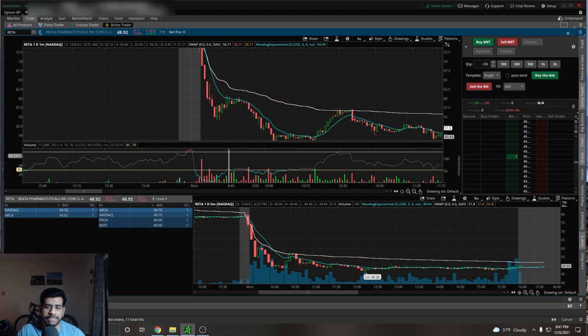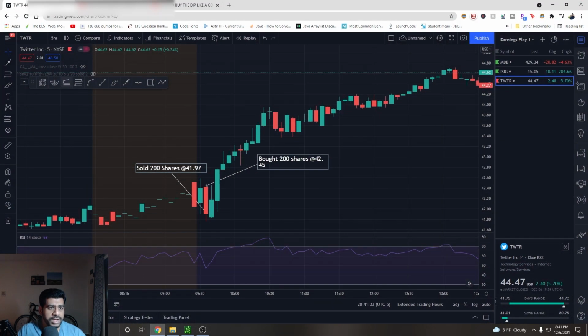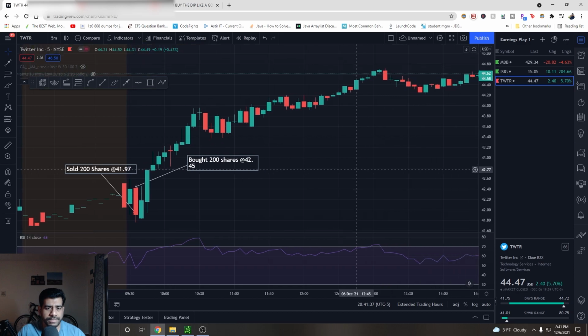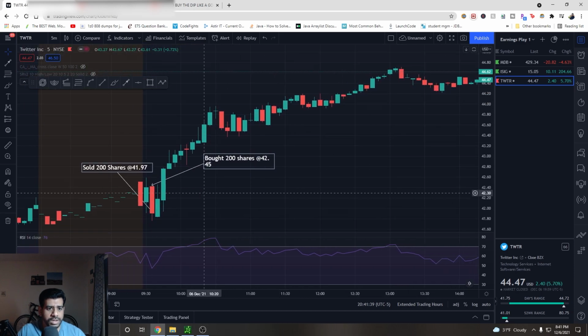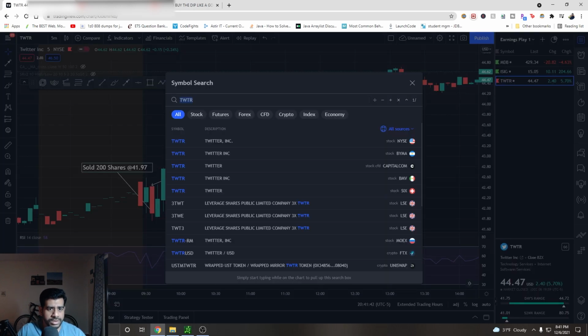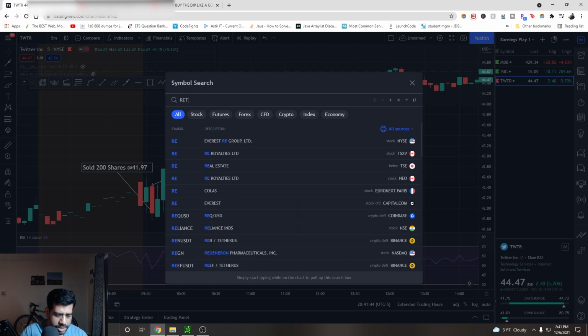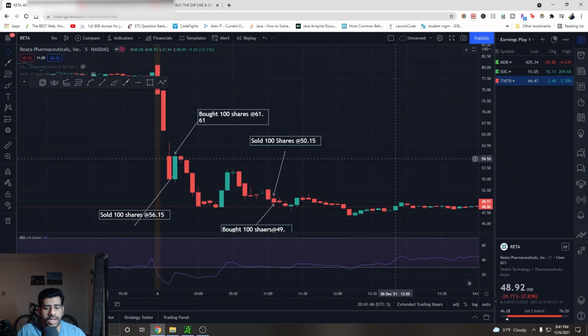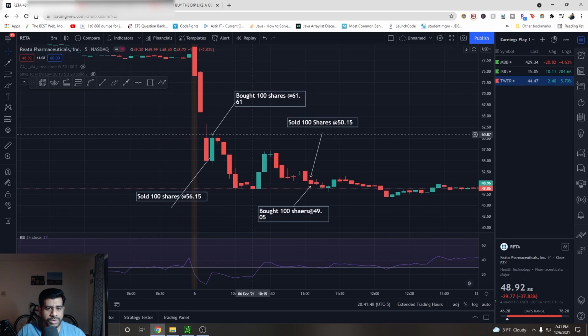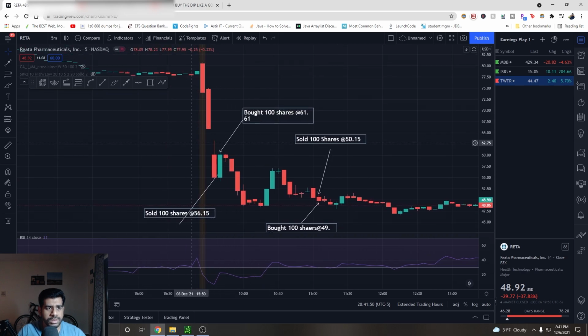It's good to see. Let me show you that trade over here. So this is the RETA trade, and these are the two trades that I took on this stock.